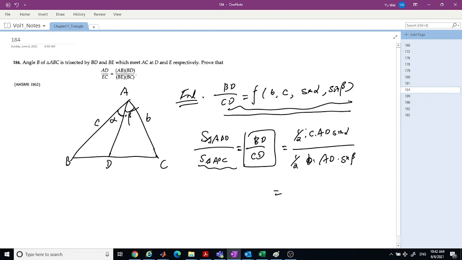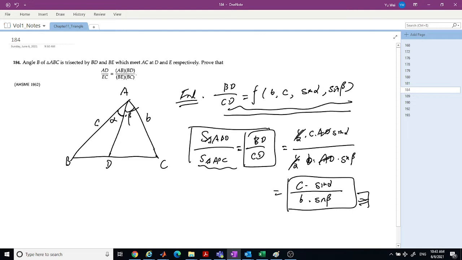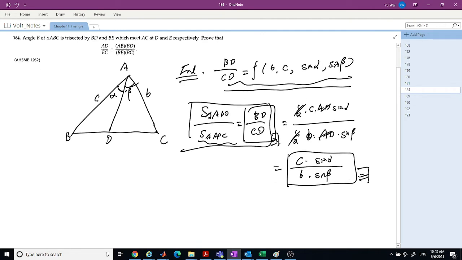Then we can cancel, and we see it's c times sine alpha over b times sine beta. So this is a very important conclusion. It's very, very useful when you try to solve a lot of AMC, USAMO questions.